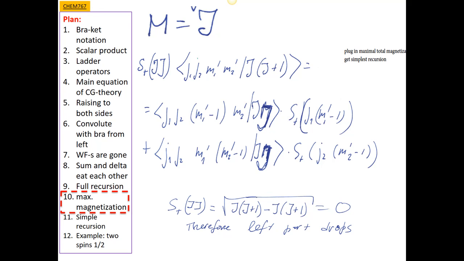Now I'm returning back to our recursion, and I'm plugging the distribution of indices there. 0 equals, so J1 equals 1/2 and M1 prime minus 1 will be 1/2 minus 1.